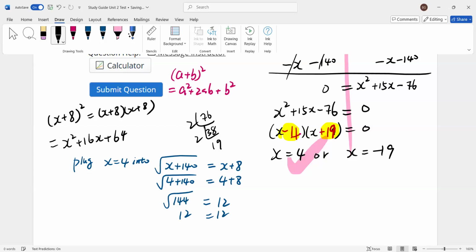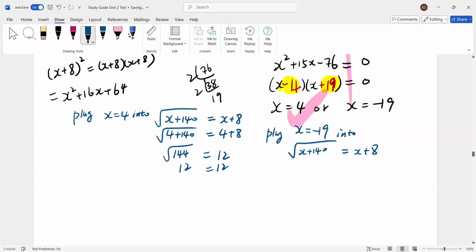And now let's plug in the other solution, x equals negative 19, into the equation. The equation is the square root of x plus 140 equals x plus 8. X equals negative 19, negative 19 plus 140.